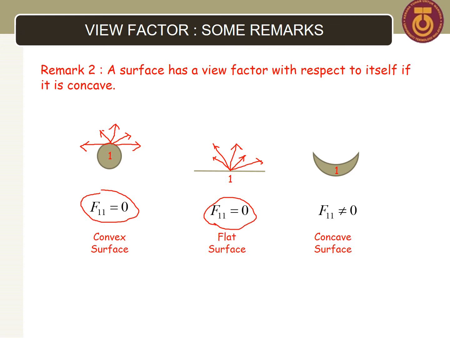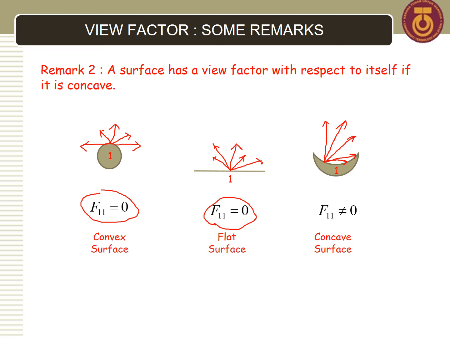But if you see a concave surface, which you can see from this diagram, some of the radiation, of course, will be emitted to the surroundings and will not fall on itself. But I'm sorry, it should be straight.